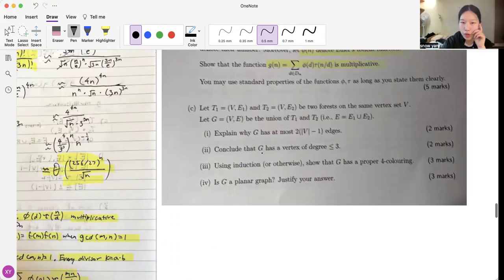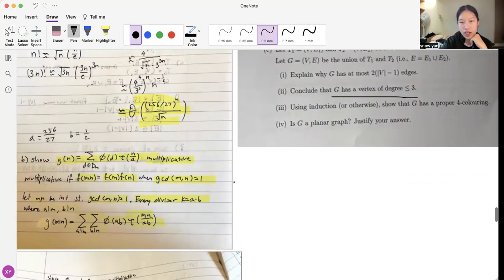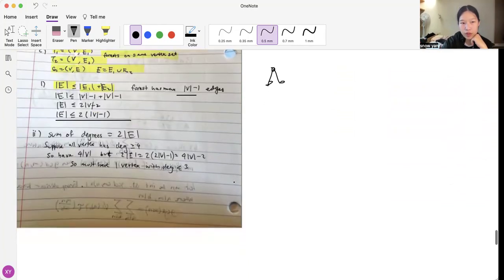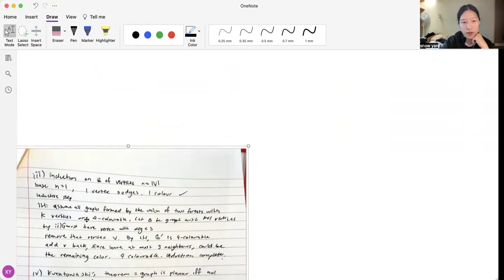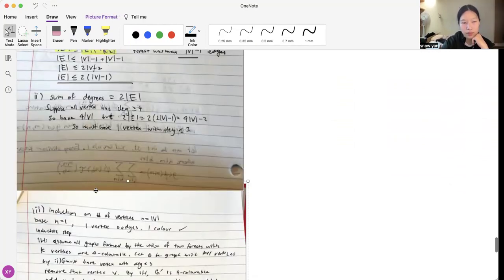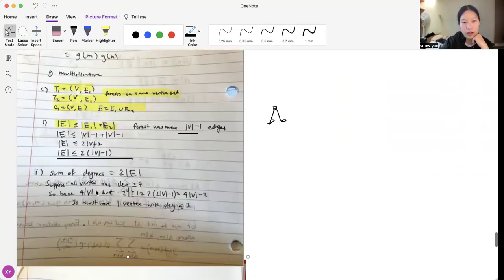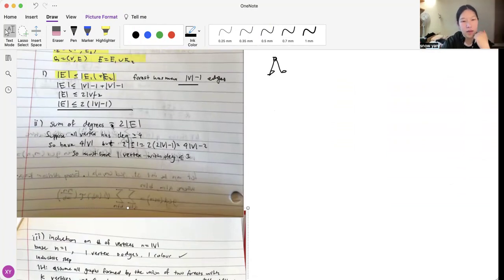For part 2, conclude that G has a vertex of degree less than or equal to 3. Okay, so I'll explain it. I know that the sum of the degrees has to be 2 times the number of edges, because of the way the graph is set up.